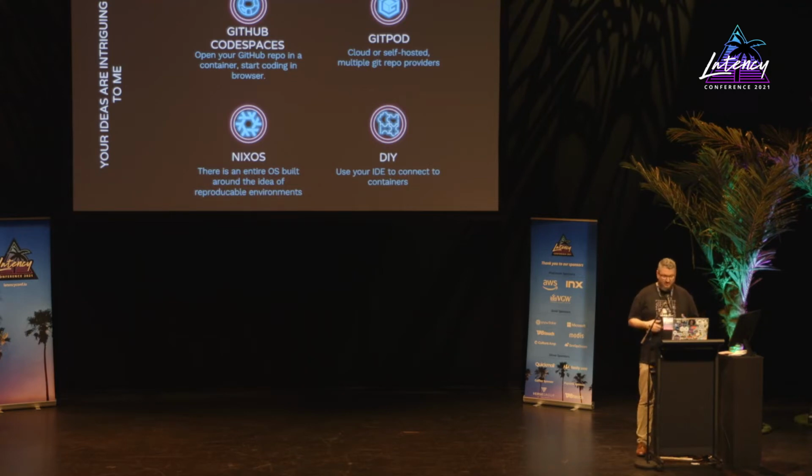Another one that's done really great stuff in the open source space is called Gitpod. They allow for cloud hosting or self-hosting, so you can choose where to put it. It allows for multiple different Git providers, so you can use Bitbucket, GitHub, GitLab, however you want it. And they've put in a whole bunch of really great open source automation to help you with that.